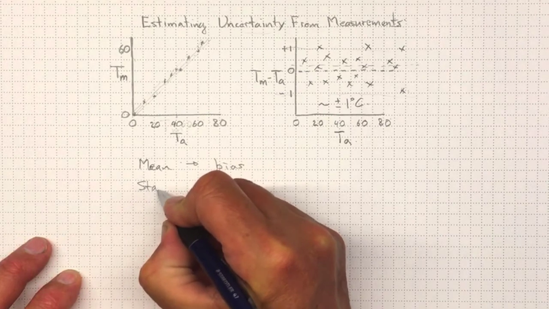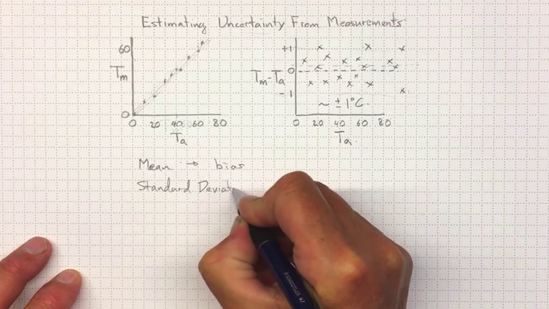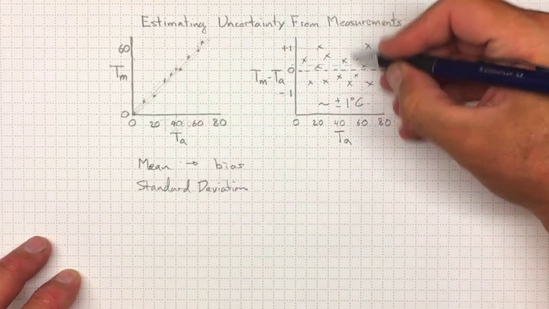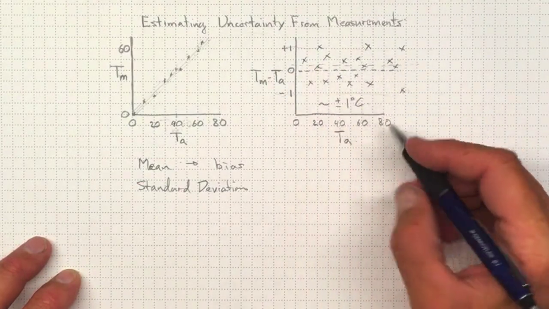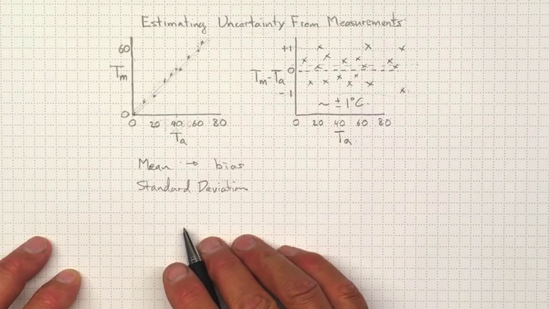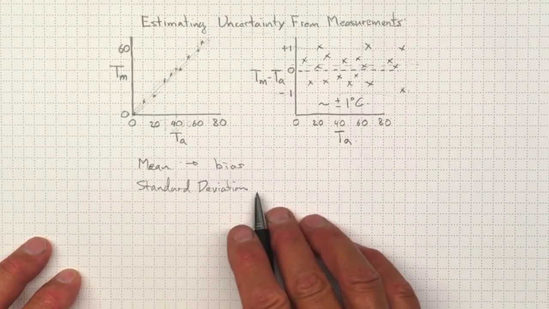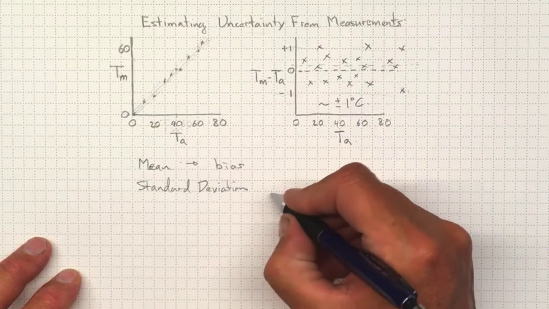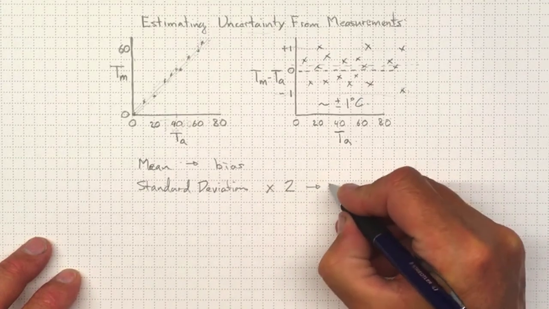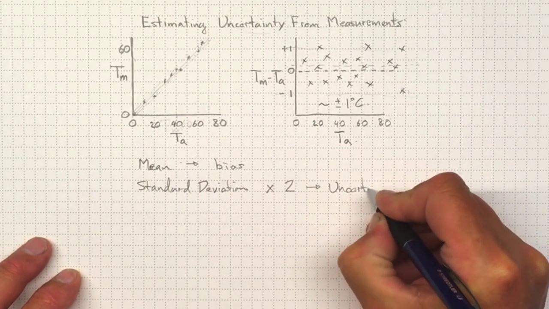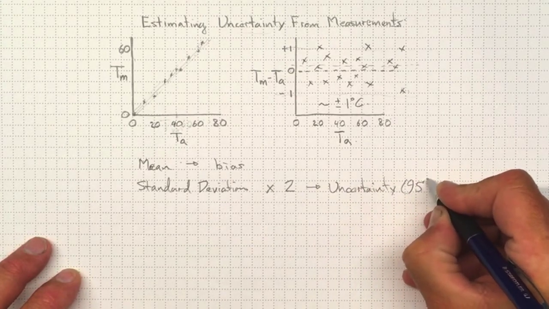Standard deviation tells me something about the spread in the data. How much does it spread around the mean? And the bigger the standard deviation, the larger my uncertainty. And in fact, if I have a Gaussian distribution, and we're going to assume that usually, then I will say that the standard deviation times 2 gives me my uncertainty, with a 95% confidence.